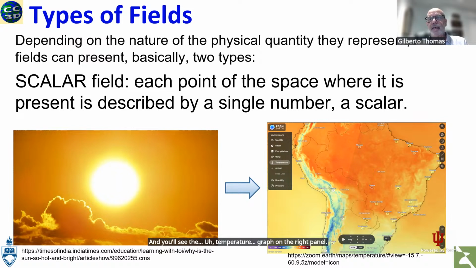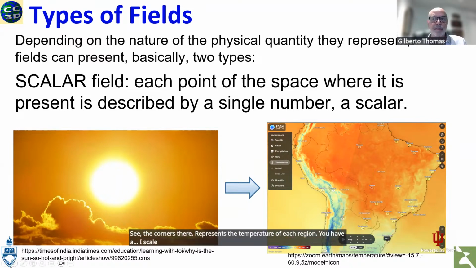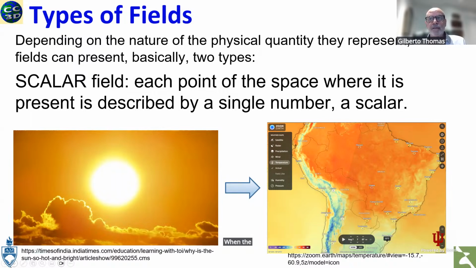The colors there represent the temperature of each region. You have a scale at the bottom left, the map scale, where the temperatures are shown. So we only need a number to understand that one region is hotter than another. Nothing else than that. This is the idea of a scalar field. Only a number is enough to describe the physical quantity we are trying to study. In this case, temperature.